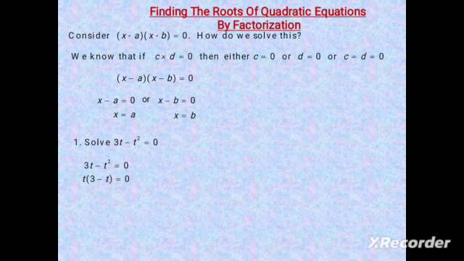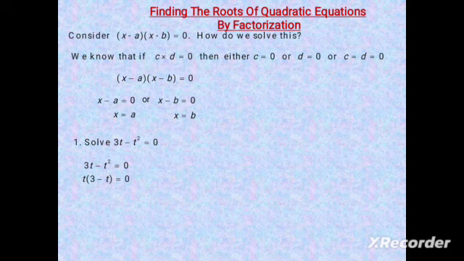So ax squared plus bx plus c equal to 0. That is the format in which a quadratic equation is written. And now from that, we can use the completing the square method to get this formula, which we call the quadratic formula.